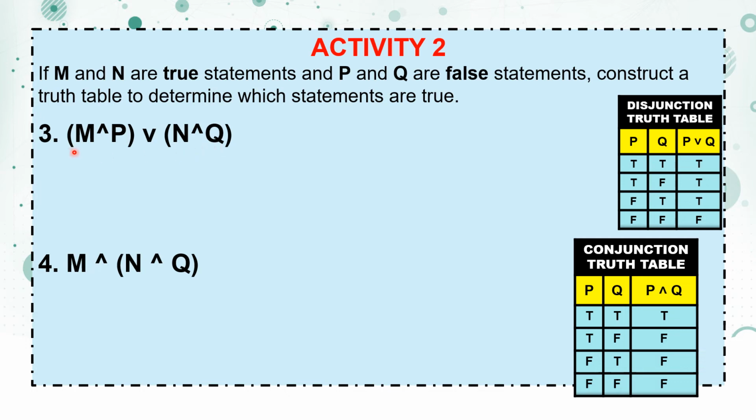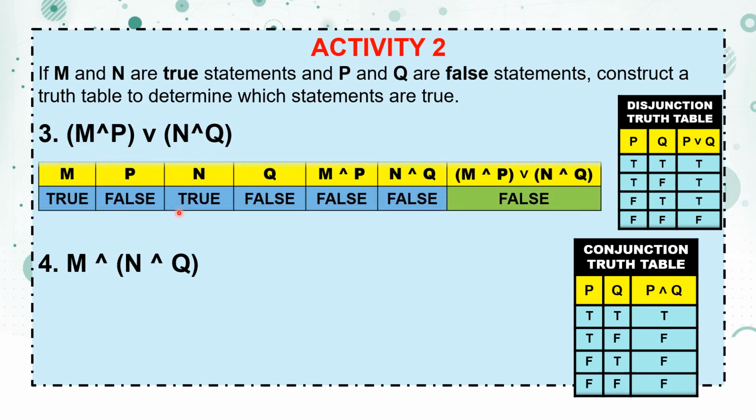Yung apat na proposition ang nagamit: M, P, N, Q. So, ilagay muna natin yung kanilang truth value. Yung M at N ay true. Then, yung P at Q naman ay false statement. Now, yung parenthesis muna unahin natin.